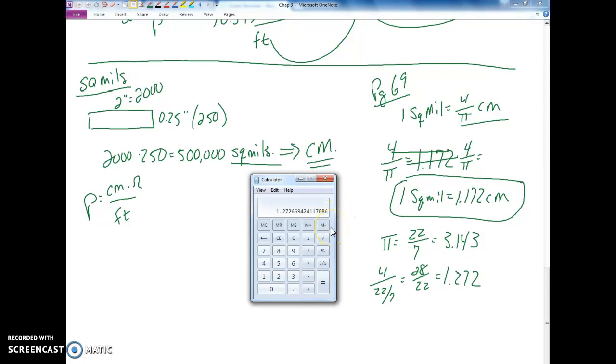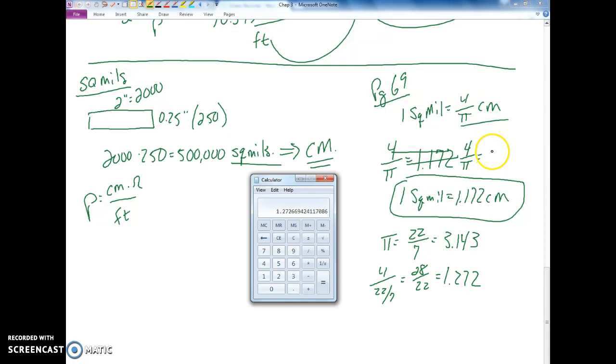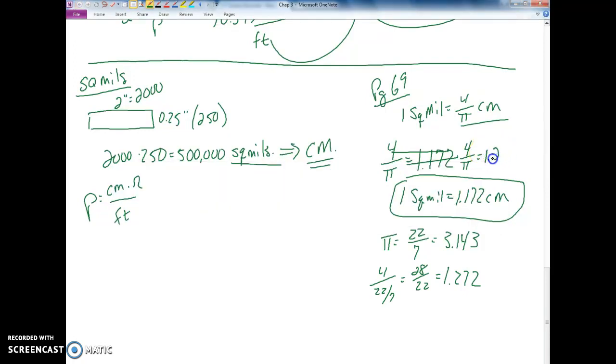So that should be 1.273 is how I would properly round that.